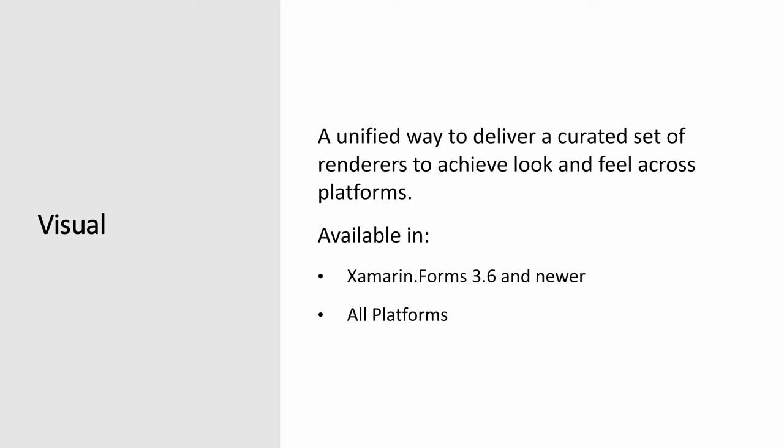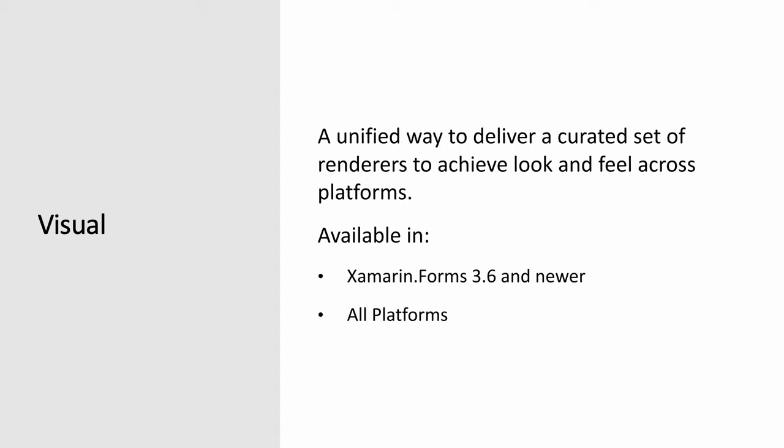So in Xamarin.Forms, when you say I want a button, on iOS there's a renderer that says, okay, it's a UIButton, because all of Xamarin is native, all native controls. On Android, you get an Android button widget, and on UWP, you get the native button. So with Visual, what we've done is said, how can we bundle together better looking controls and then make it super easy for you to implement that in your apps?